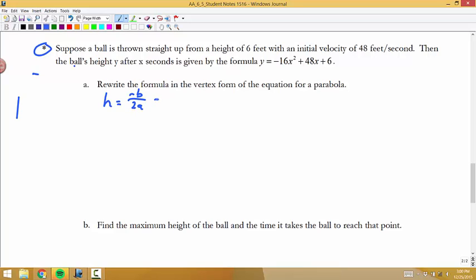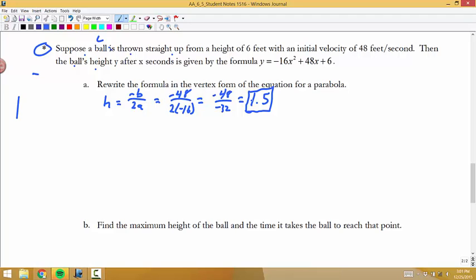So in this example, -b over 2a would be -48 over 2 times -16. So the h value would be equal to 1.5. So the x value of my vertex is 1.5.